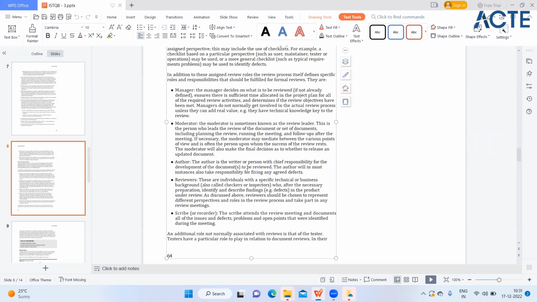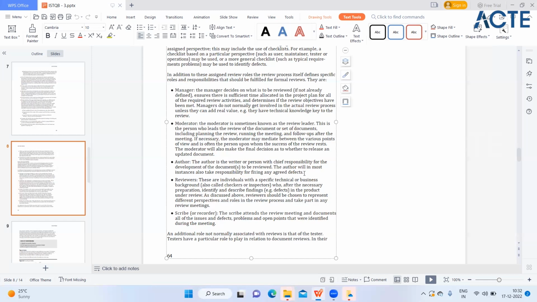But the author is the person who will actually circulate that information and who will write the requirement document if it is not available. So the author is the writer or person with chief responsibility for the development of the document to be reviewed. The author will, in most instances, also take responsibility for fixing any agreed defects.